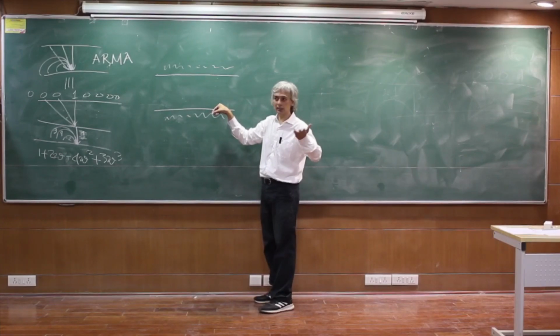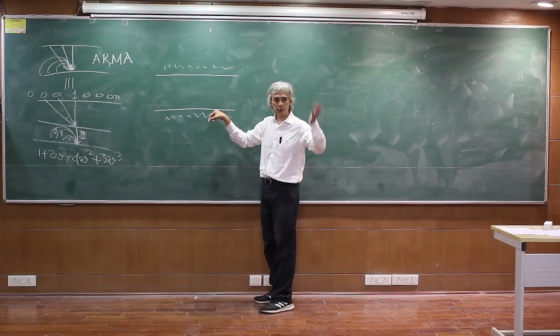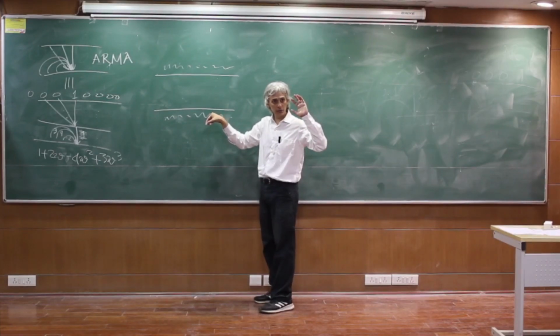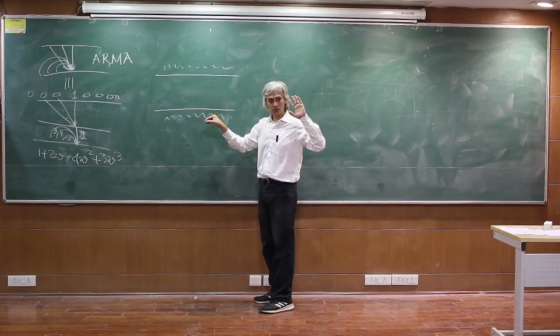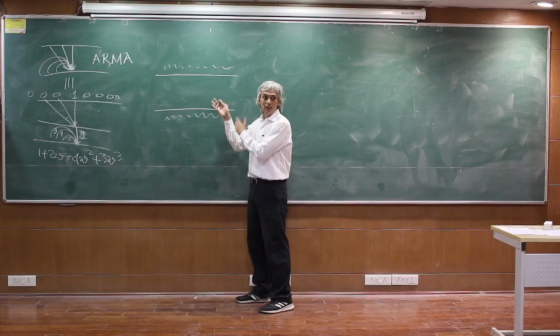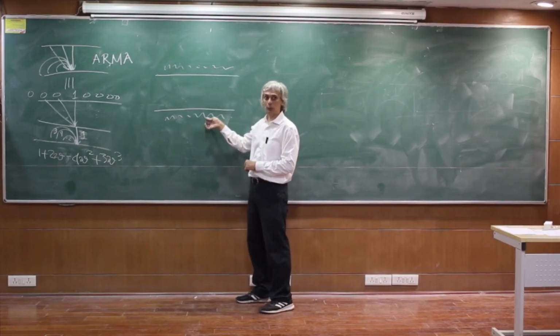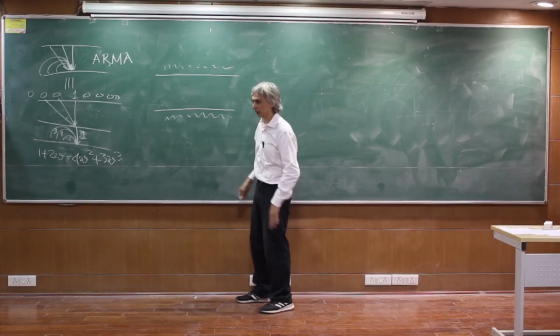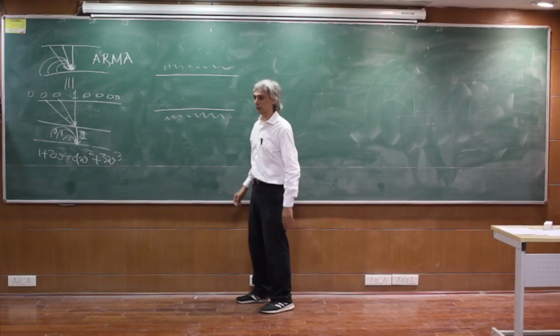Correct? And that was called the system identification problem, optimal system identification problem, when we were doing the Moore-Penrose pseudo-inverse, remember that? If you know the input, you know the output, what is the filter that best explains this output coming from this input? Now we want to do that with ARMA filters.